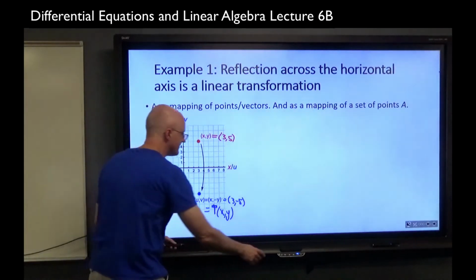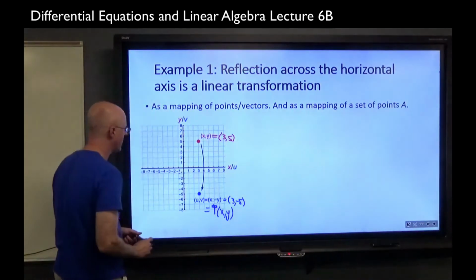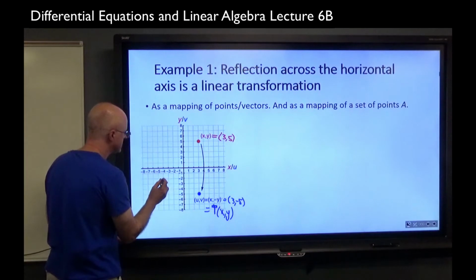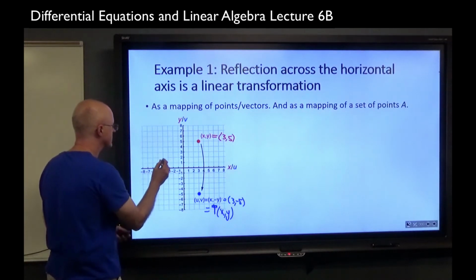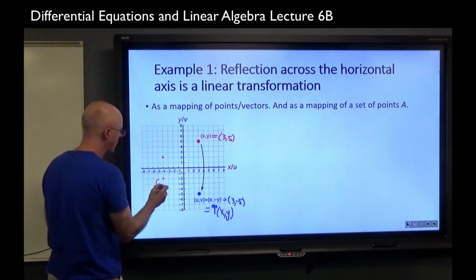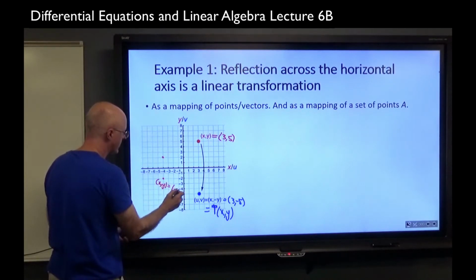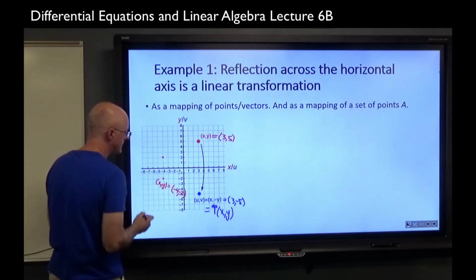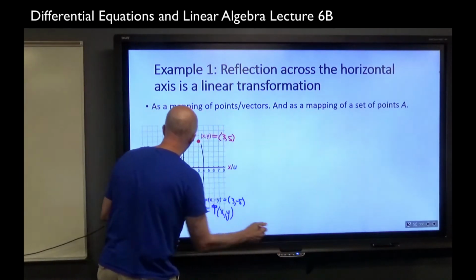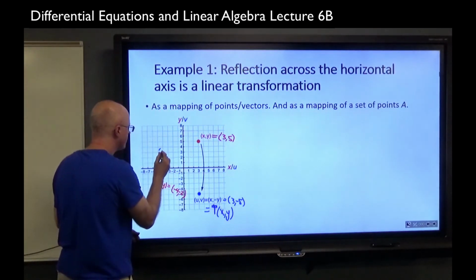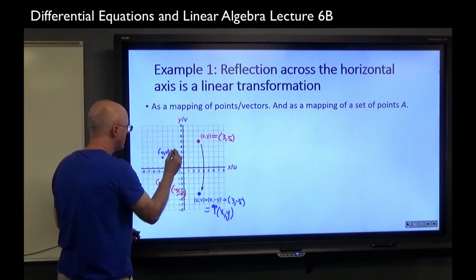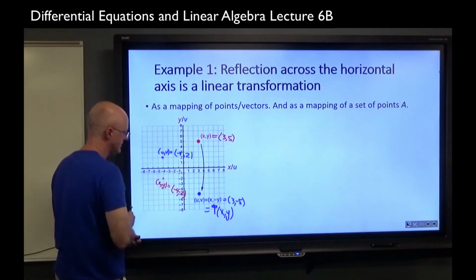Other points also get reflected across the horizontal axis. This point here, for example, would get reflected to this point here. So if the xy coordinates were negative 4, negative 2, the uv coordinates of the point it gets mapped to, right up here, are going to be negative 4, positive 2.